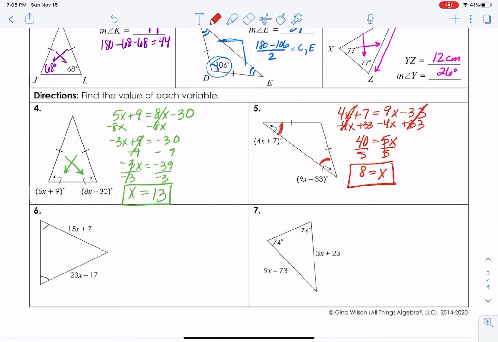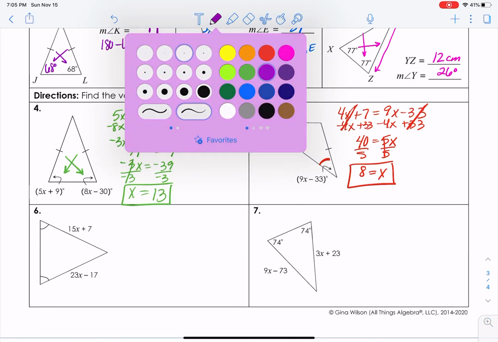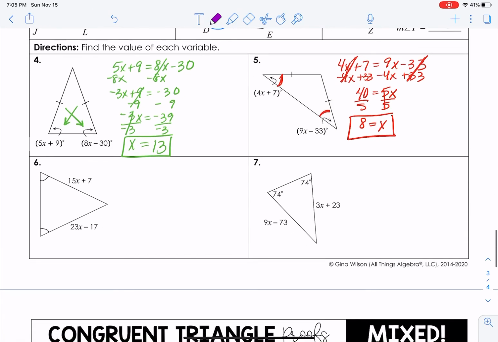Numbers 6 and 7 talk about the sides of an isosceles triangle. So we start with, these are the legs because they are the ones opposite the base angles. That means they are also congruent. That means that 15x plus 7 equals 23x minus 17.